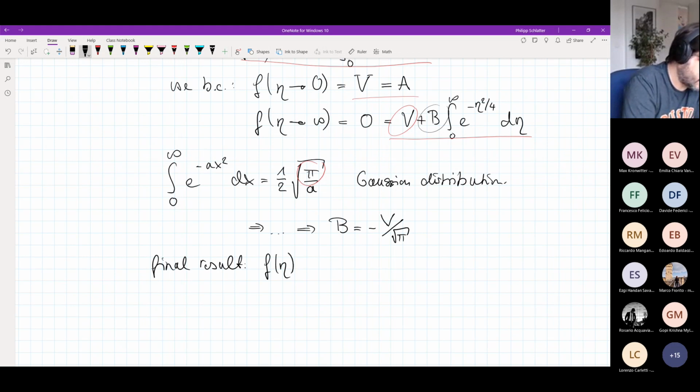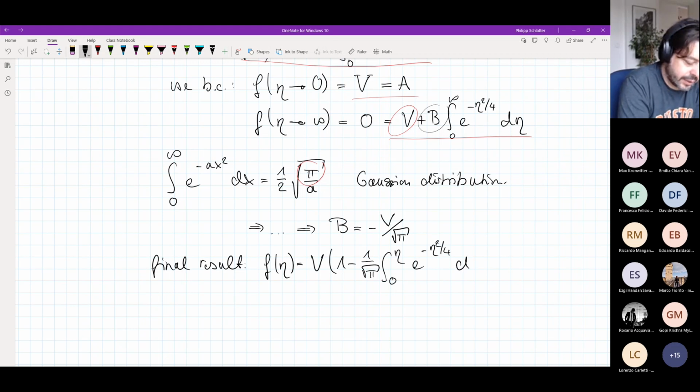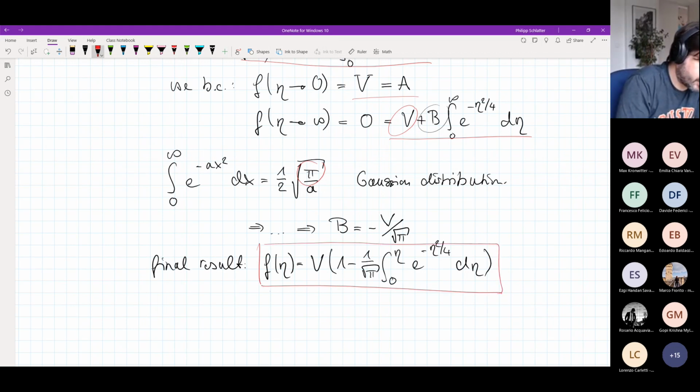f of eta now becomes v times 1 minus 1 over the square root of pi times the integral from 0 to eta of e to the minus eta squared divided by 4 d eta. And this here is now what we would call the similarity solution for Stokes' first problem.